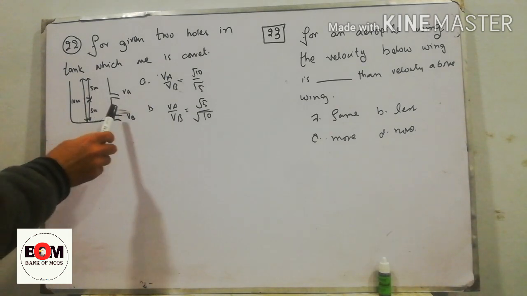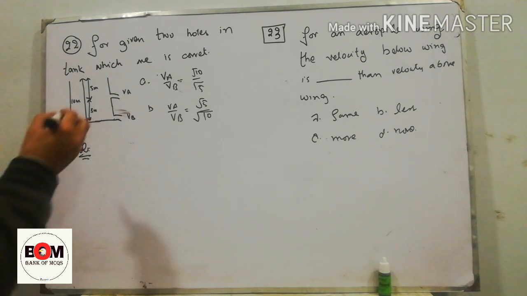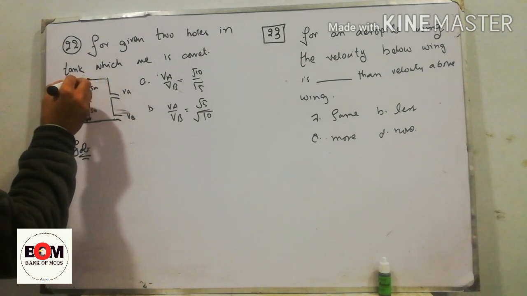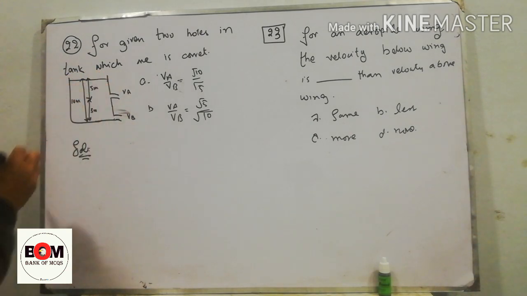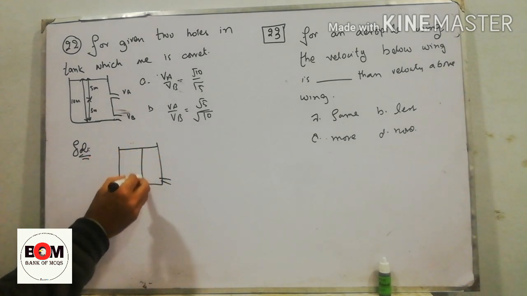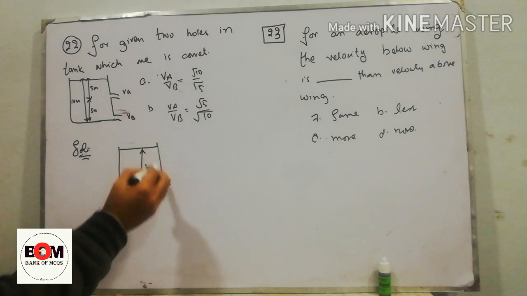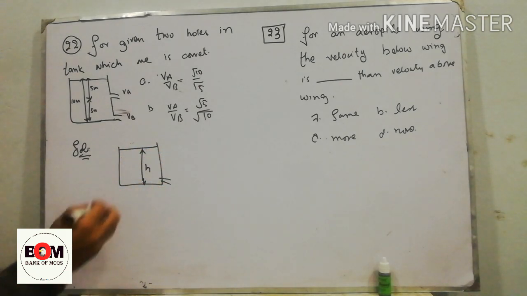To find the velocity, we use Torricelli's theorem. This is based on the Bernoulli equation. Simply, if we have a tank with water, this is the height from the top of the water to the hole.